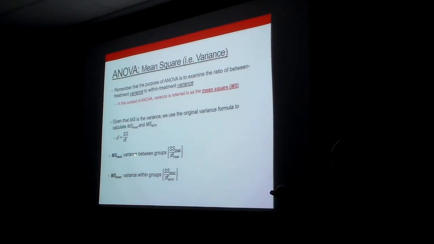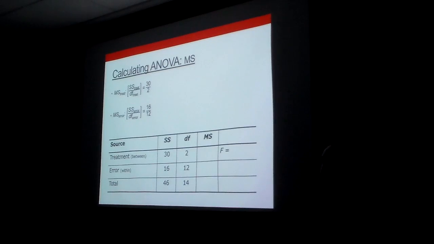So to get our mean squared treatment, we take the sum of squares between group, or sum of squares treatment, divided by degrees of freedom of treatment or between. To get our mean squared within, our variance within groups is just our sum of squares error over degrees of freedom error, and we've got it, right? At this point, easy peasy.